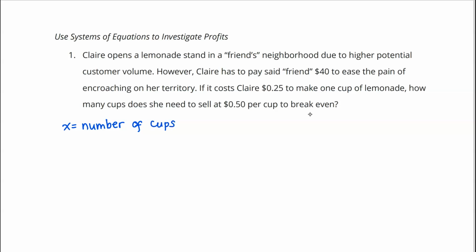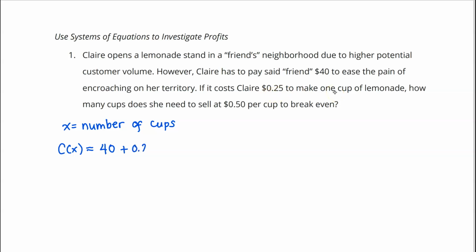Then next is to set up the cost function. Cost function C of x, in this case, is equal to $40. That's the overhead cost, the $40 that she needs to pay her friend, plus 0.25, because it costs her 25 cents to make 1 cup of lemonade.